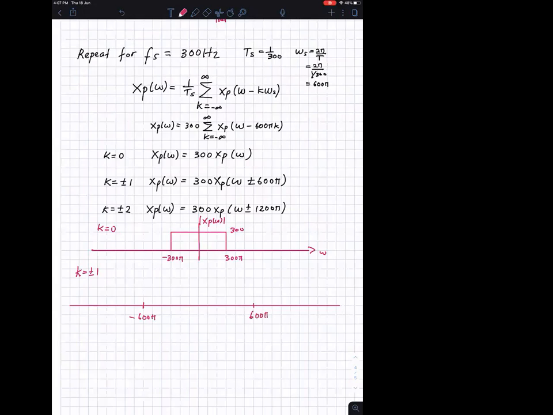So now, when k is plus minus 1, you're going to be copying it at plus minus 600 pi.